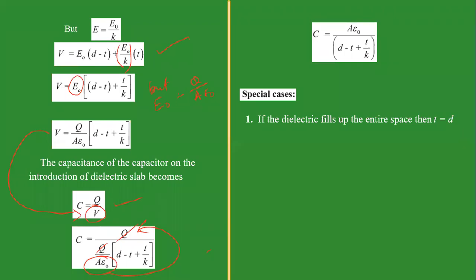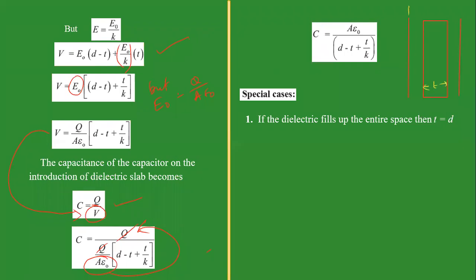Now initially we consider, this is plate 1, this is plate 2, and between the plates the thickness of the dielectric slab is T. So this T is the thickness.